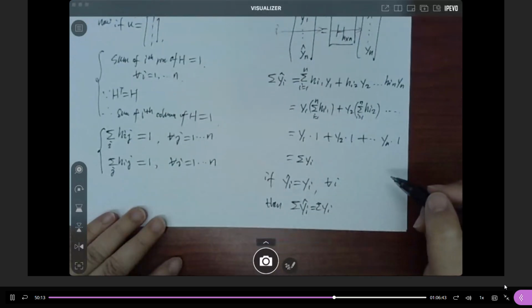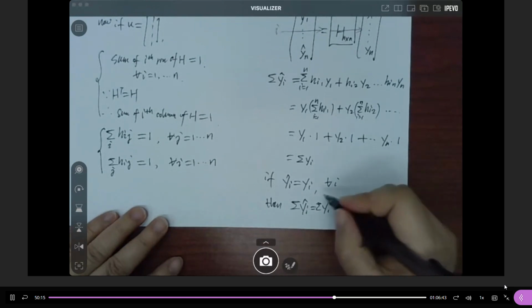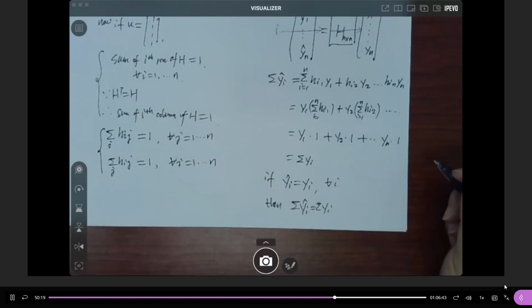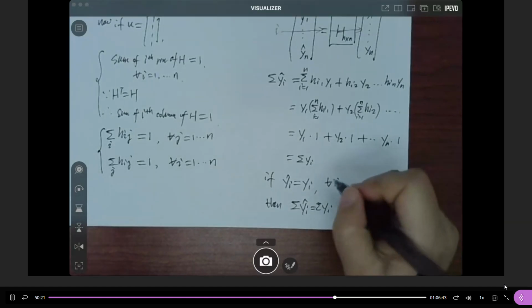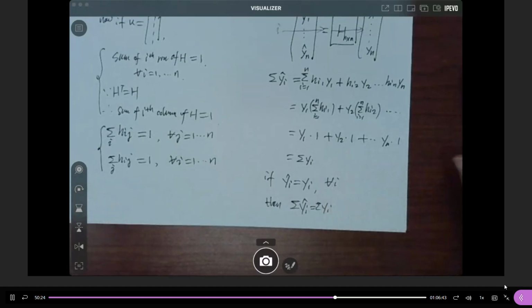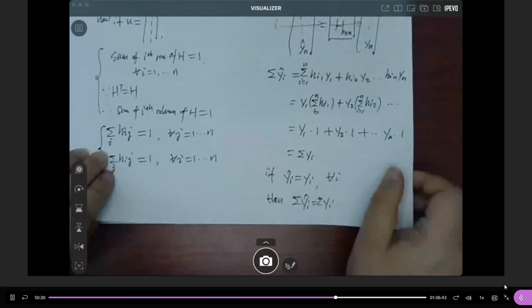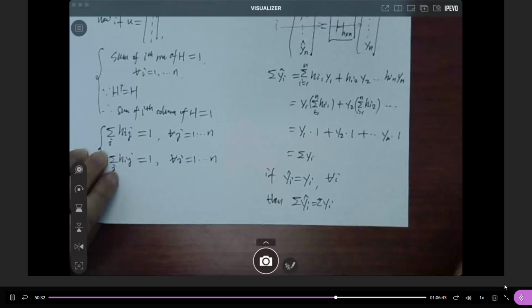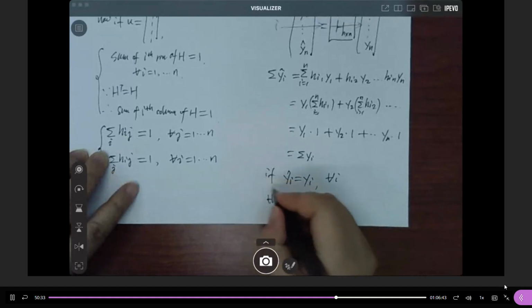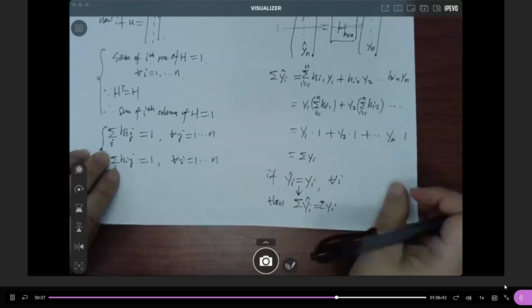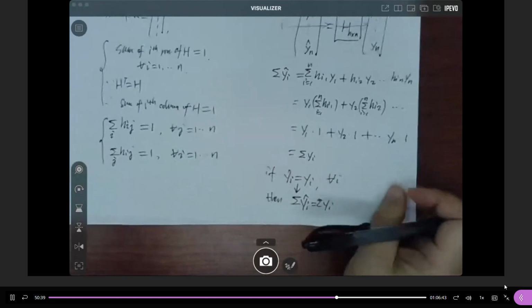But the converse is not true. You need to know the direction is from if to then, not from then to if.